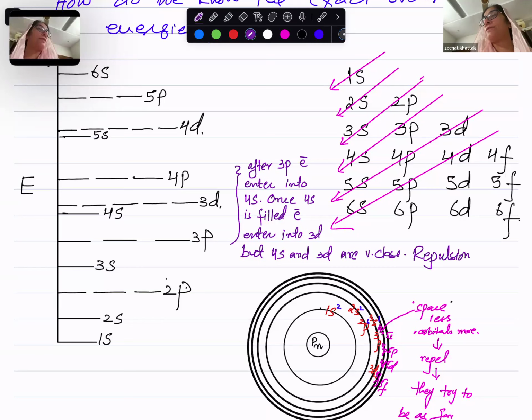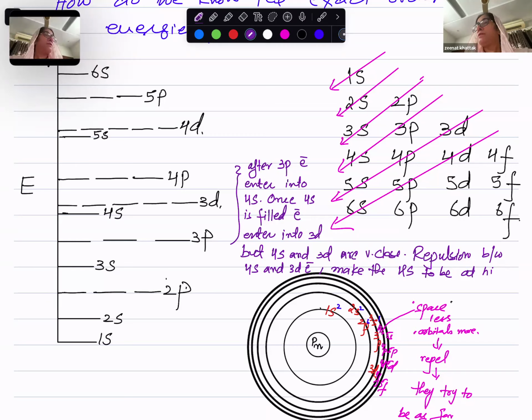Repulsion between 4s and 3d electrons makes the 4s be at high energy, like it's outer, it goes outward. 4s to be, we can say, above 3d.